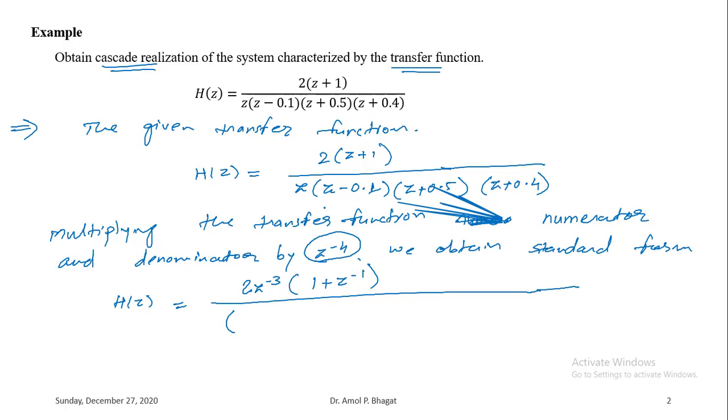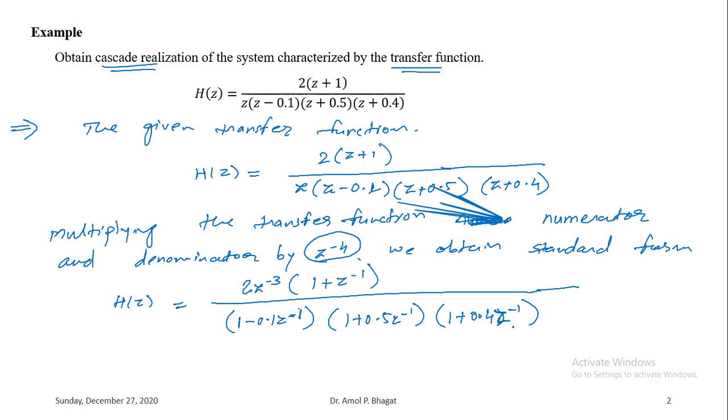Another z inverse I will multiply with the first bracket, so it will be 1 minus 0.1 z inverse. Next, the second z inverse I will multiply with the second bracket, so it will be 1 plus 0.5 z inverse, and the last z inverse I will multiply with the third bracket, so it will be 1 plus 0.4 z inverse.